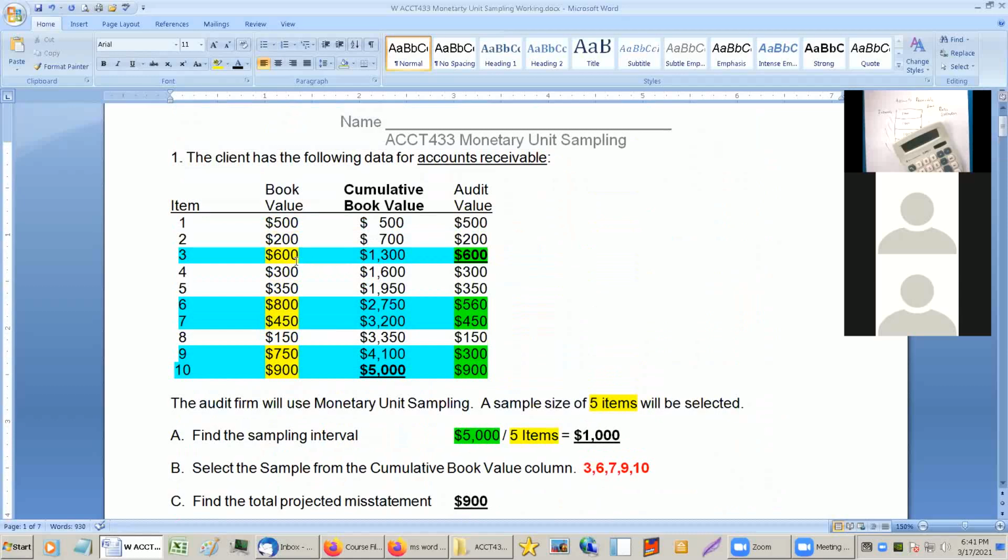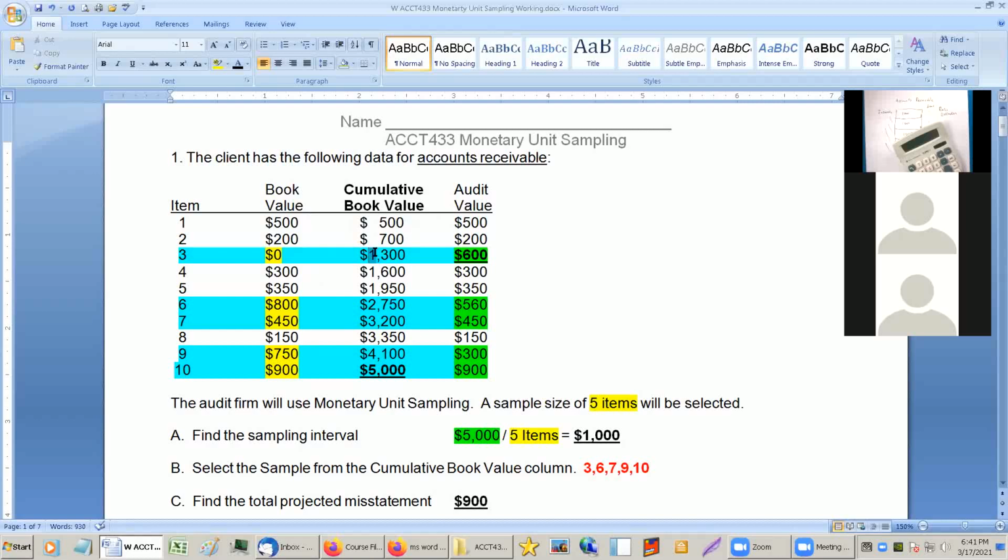If they decrease the value, it's less likely to be picked, right? If they change this to, instead of 600, they put it as 60, it'd be much less likely to cross that interval. And if they change this to 0, it'll have no chance of crossing the interval.